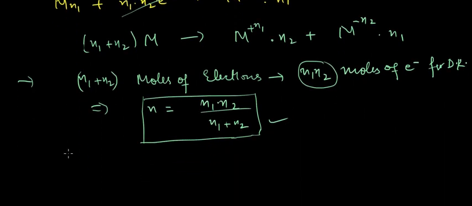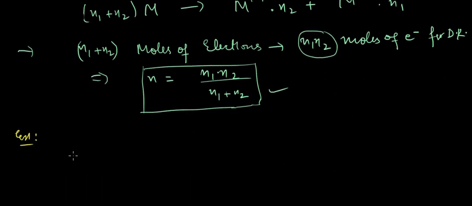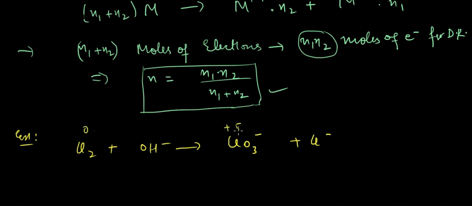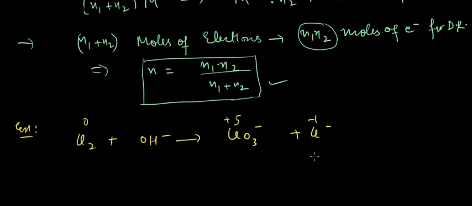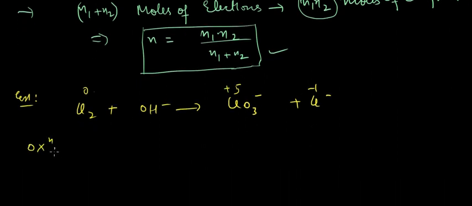Let's take a look at some examples. Let's say we have Cl2 in OH minus. This goes to ClO3 minus plus Cl minus. Cl was at 0 state, it goes to plus 5 state here and minus 1 state here. What is the oxidation in this case?